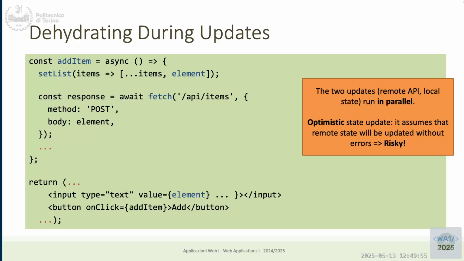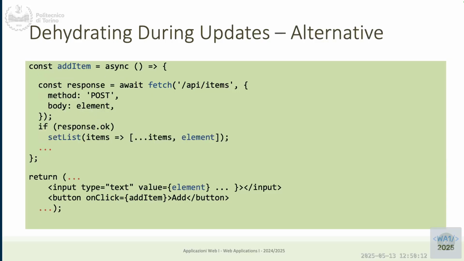If something goes wrong, the new data will appear, I send it to the server, there's an error or for some reason the data is not saved, and so when I'm refreshing, the data that I added optimistically will just disappear. Not nice, huh? The alternative is to wait until the server tells me okay.